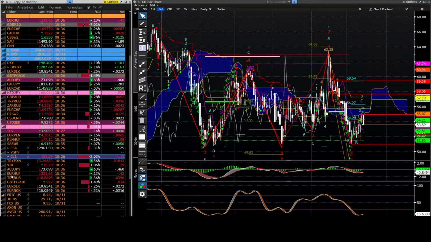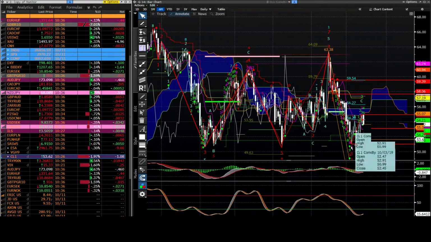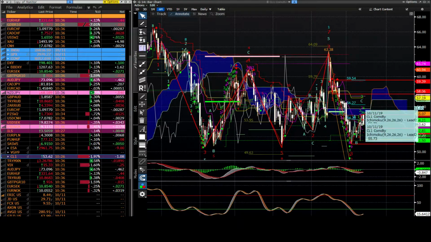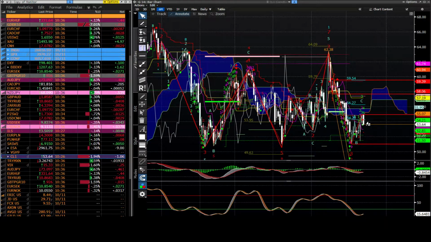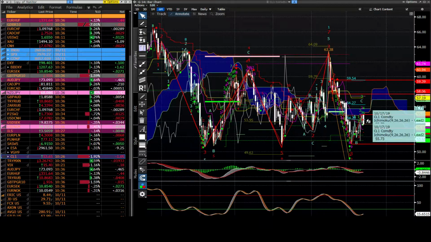You see the really impulsive move lower that we saw in oil prices. However, we had signs of trend exhaustion. Look at how oversold we were on this chart here. And we had some exhaustion turns when you look at the DeMark indicators. And we said last week that we thought that the CL1 contract, the crude light contract, would head towards 54. We actually breached that level.